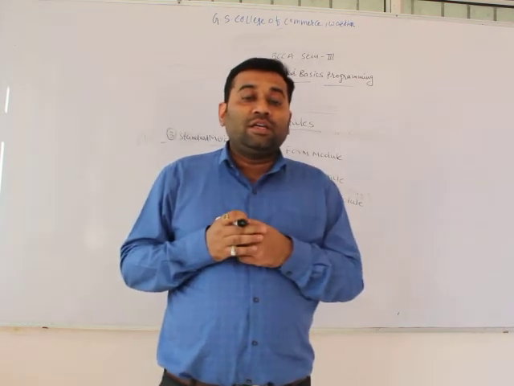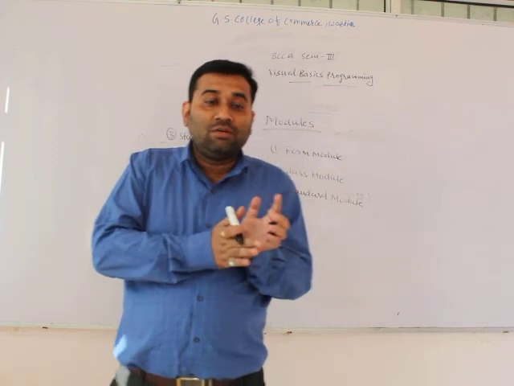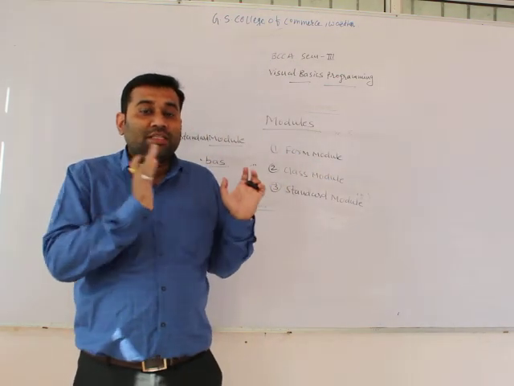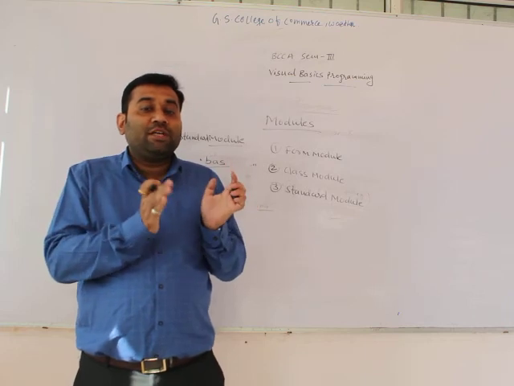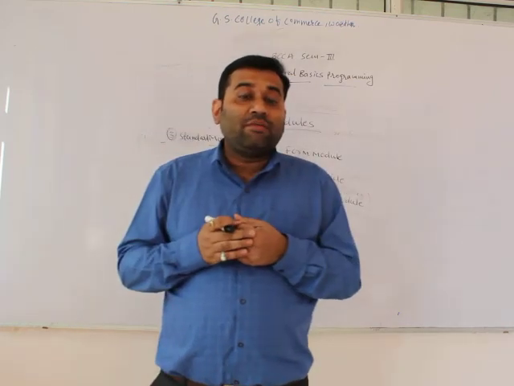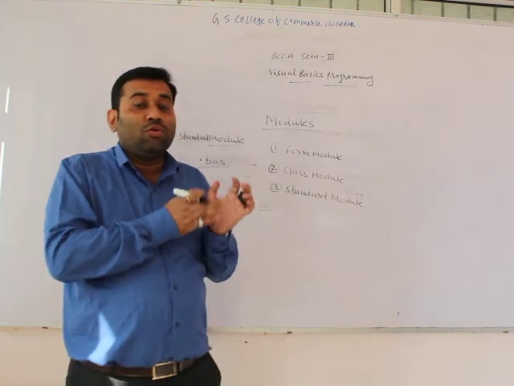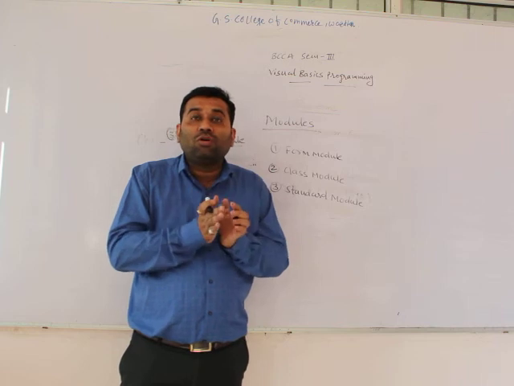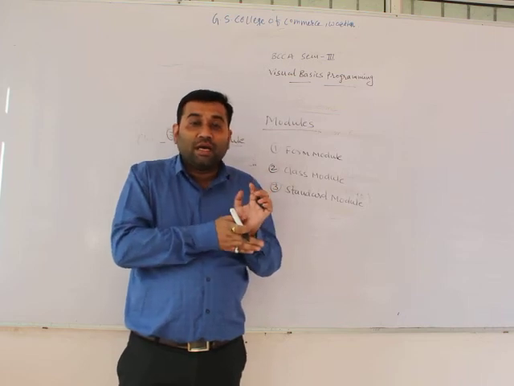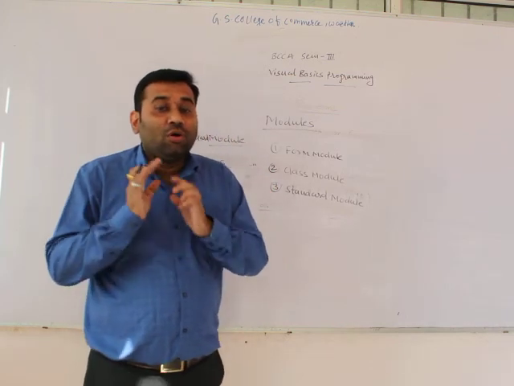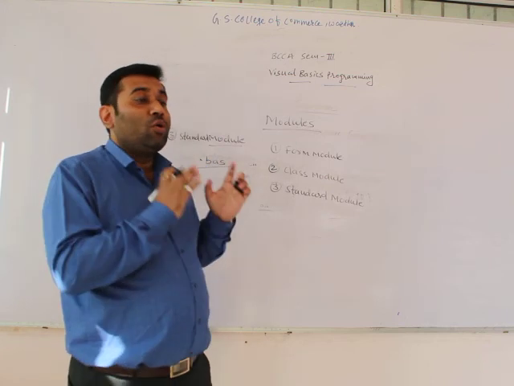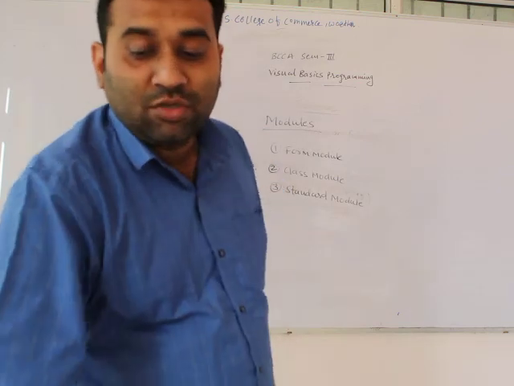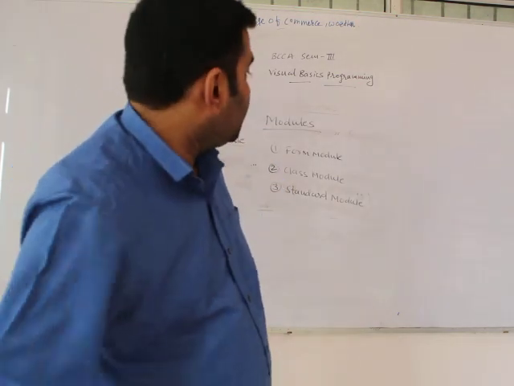The class module is an implementation of object-oriented programming, but the standard module is an implementation of a procedural language. In the class module, all the objects have their own copies of the member data, but in the standard module only one copy of a global variable exists. This is the difference between the class module and the standard module.